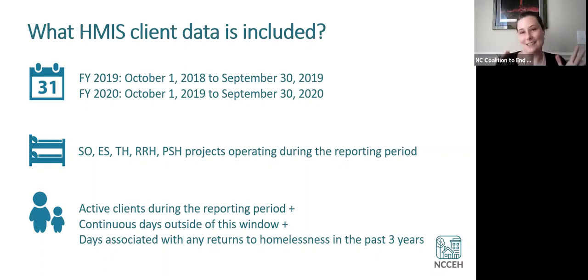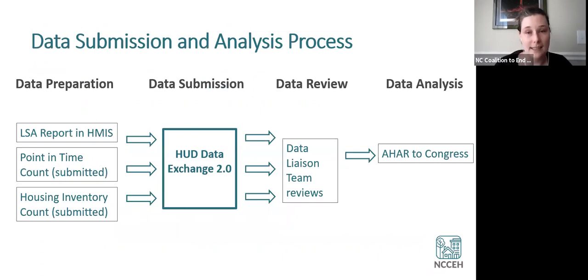So even looking at just these 2 fiscal years, it's a lot of data, but we're actually going even further back to incorporate some system performance measures. This process has a few different stages, rather. So first we prepare the data, and we're all working on this together now with some corrections.